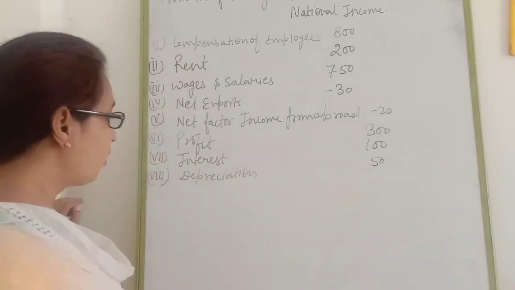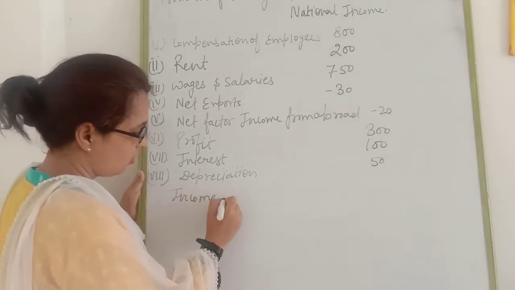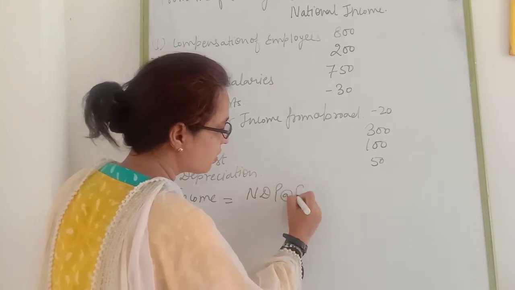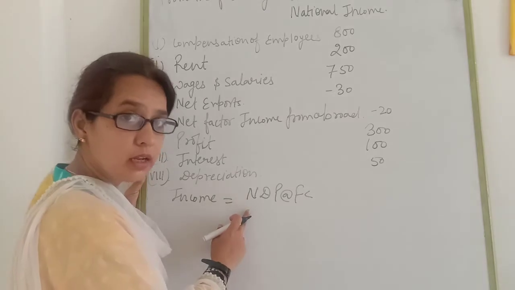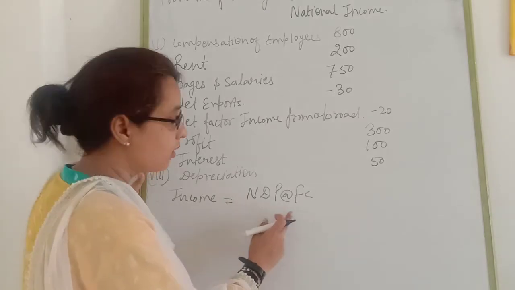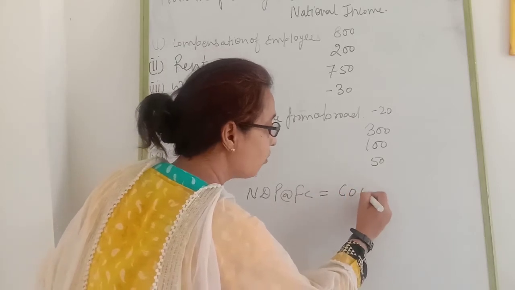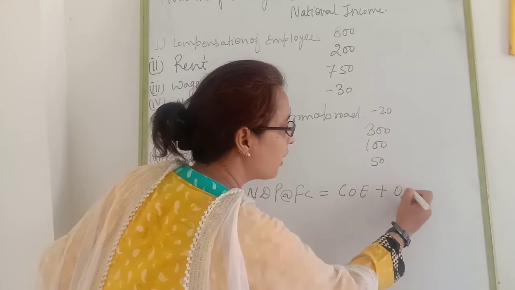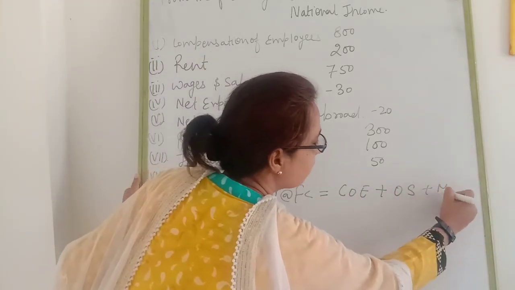All of you know that from income method, we are going to find out NDP at FC. As I told you, NDP at FC means net domestic product at factor cost. What is the formula? COE, compensation of employees, plus operating surplus, OS, plus mixed income.